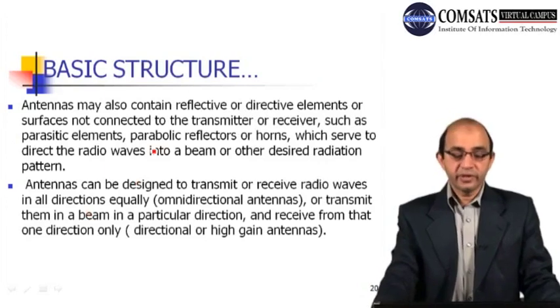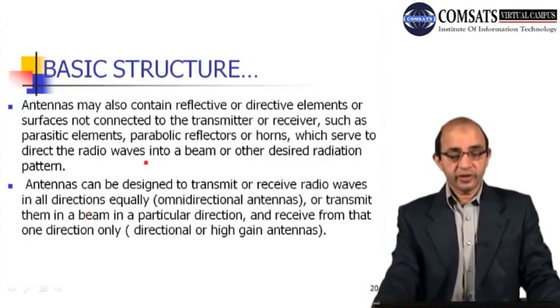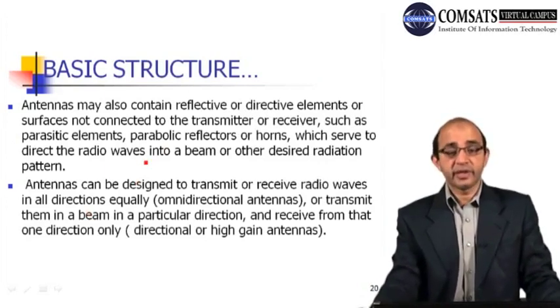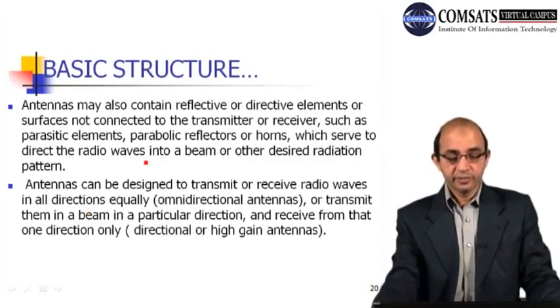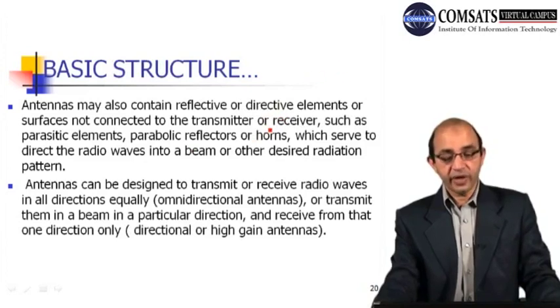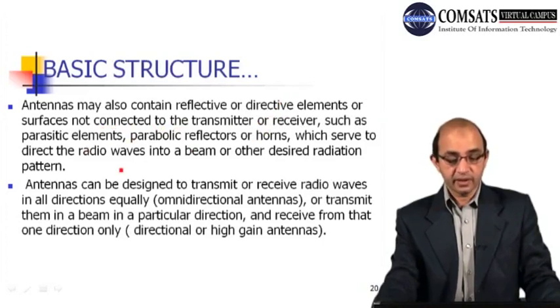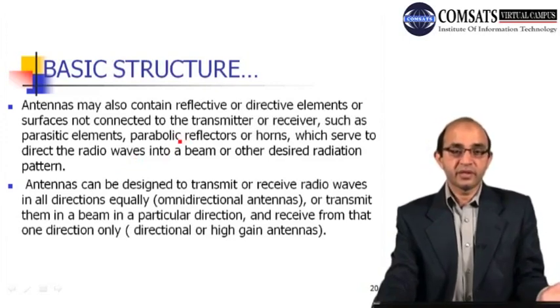There can be different types of antennas and different characteristics provided by the antenna structure. They can also contain reflective and directive elements or surfaces not connected to the transmitter or receiver, such as parasitic elements and parabolic reflectors. The best example is the dish antenna.